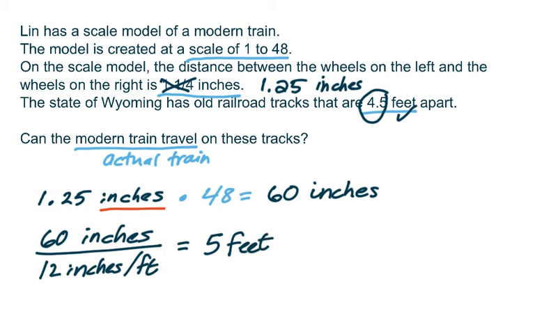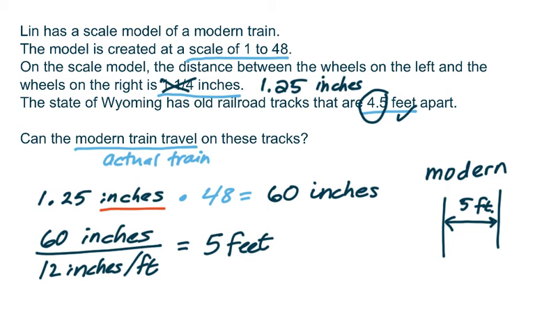Okay, let's get a sketch going here because this is starting to be a lot of numbers. I'm not quite sure what they are, right? So the modern train has a train track. And what we just found out is that the modern train has rails on this track that are 5 feet apart.